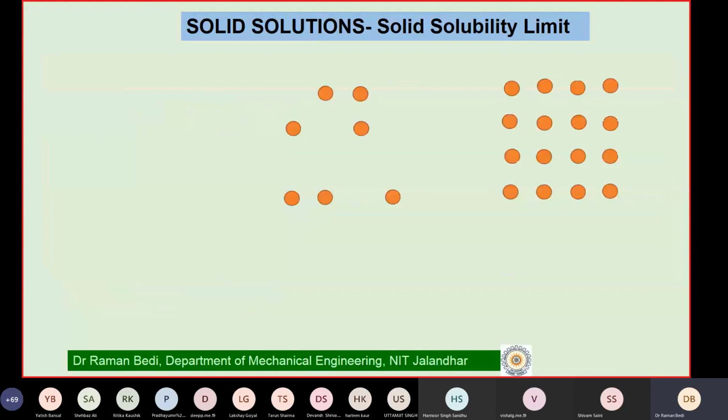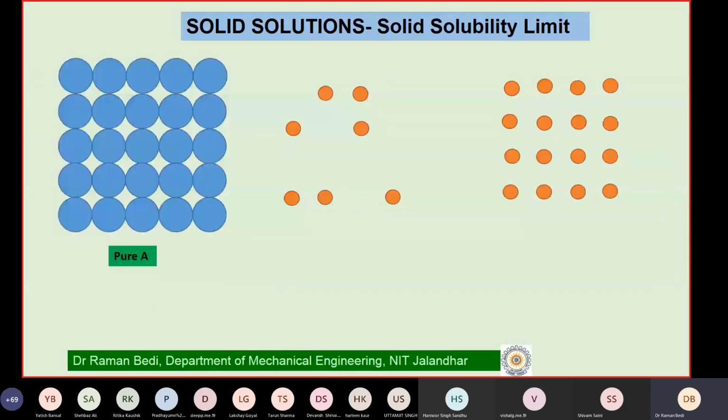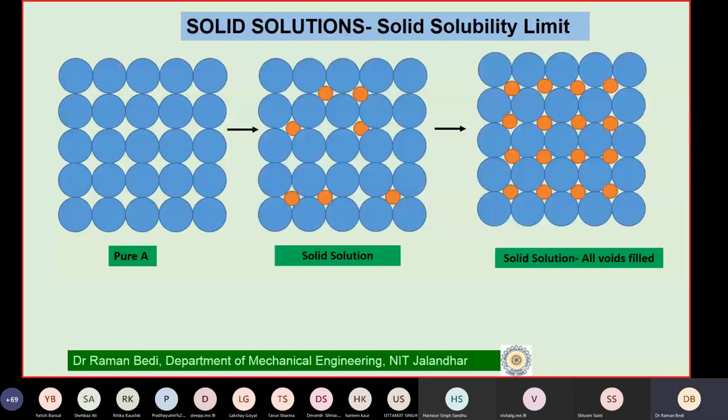Because in the case of an interstitial solid solution, you have the pure metal here. You have some interstitial sites, so you are putting some impurity elements into that, maybe carbon. But the number of interstitials is limited.